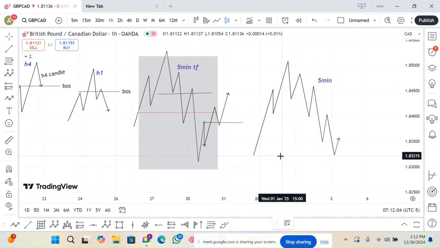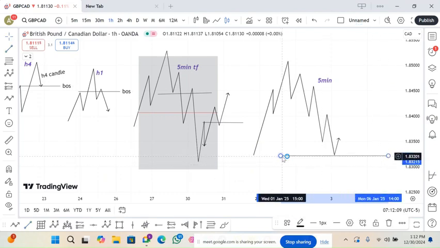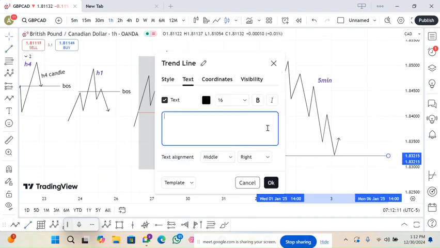This is going to be a little bit tricky, so please pay attention. I'm going to write the 4 hours demand zone, H4 demand zone.